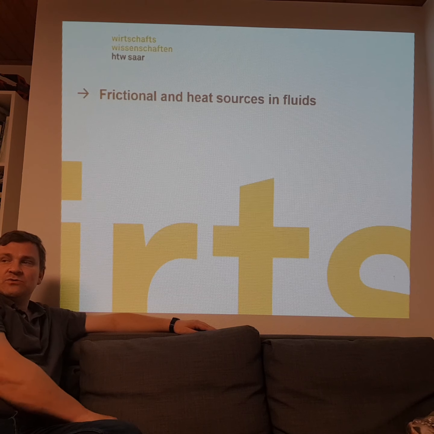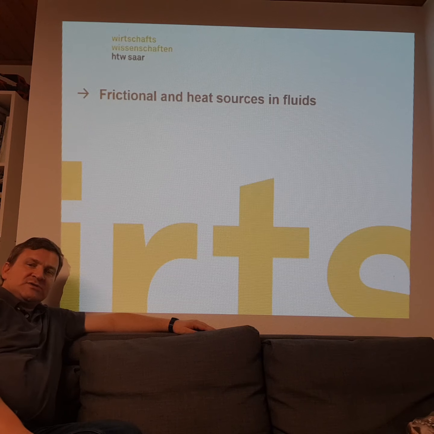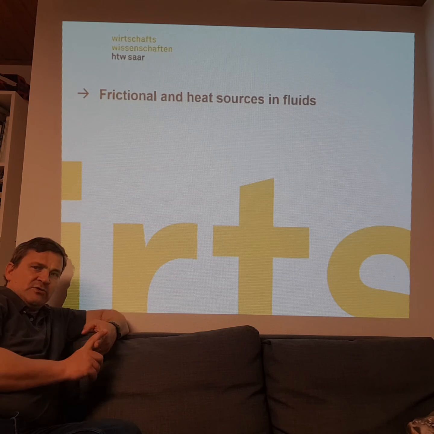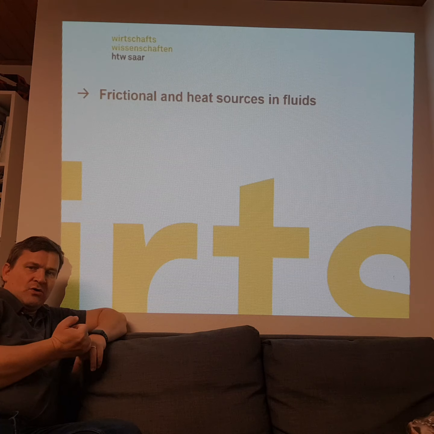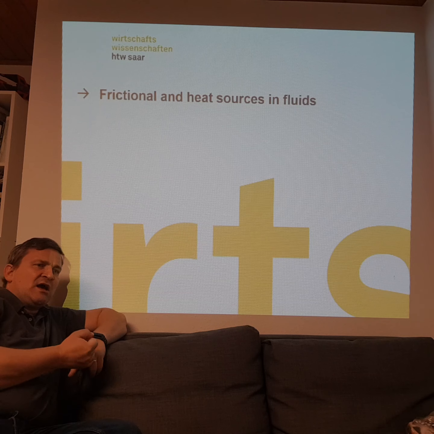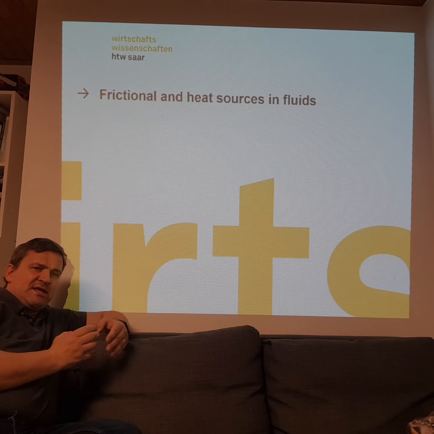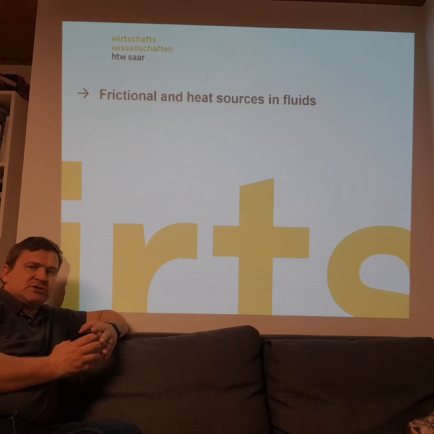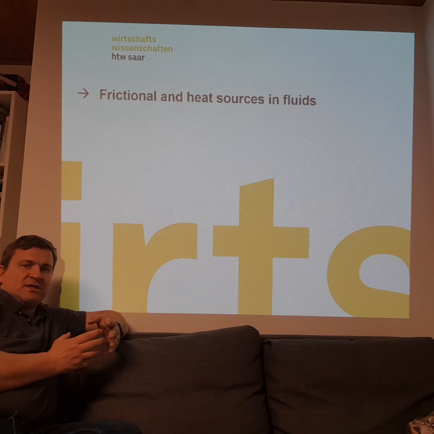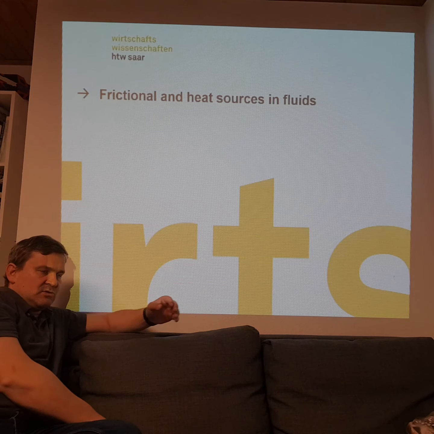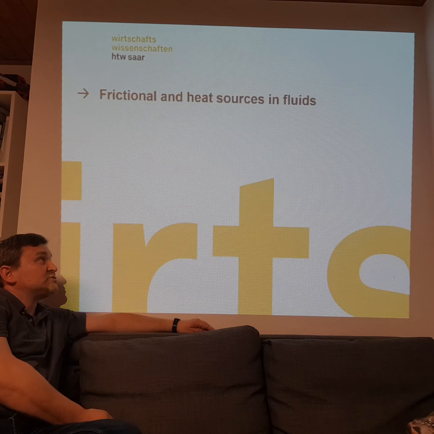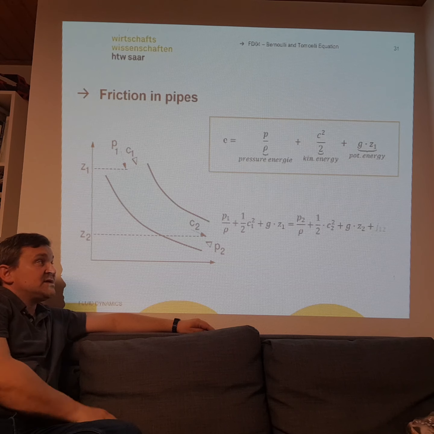Okay, so I told you about the Bernoulli equation and about pipe flow, and I want to introduce a bit of friction and a little bit of heat sources, but not too much. I don't want to mention expansion.